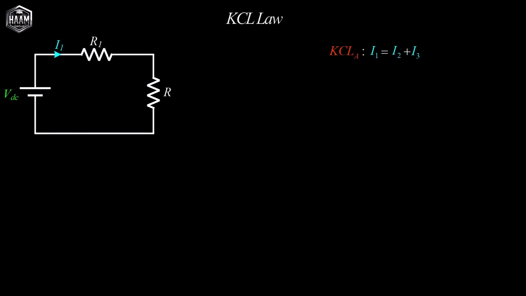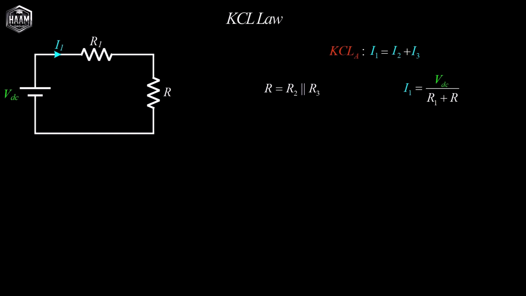The DC battery must supply current through this series combination. Therefore, by substituting R equals R2 parallel R3, we arrive at the result that current I1 produced by the source equals VDC divided by R1 plus R.